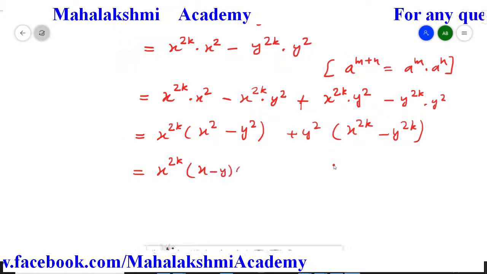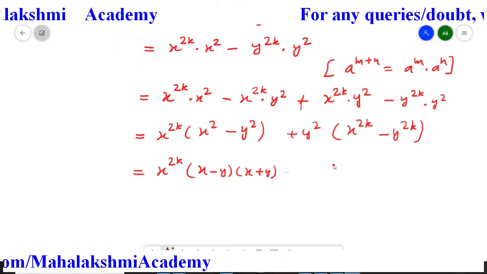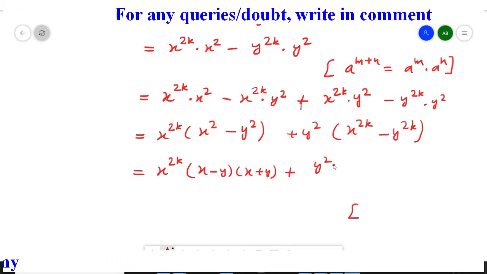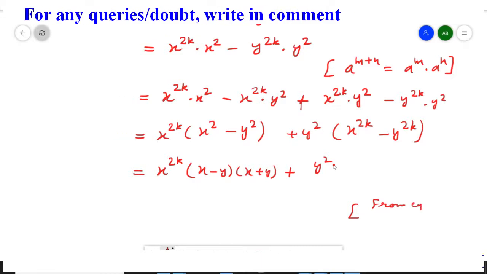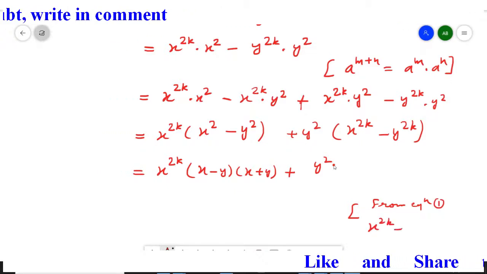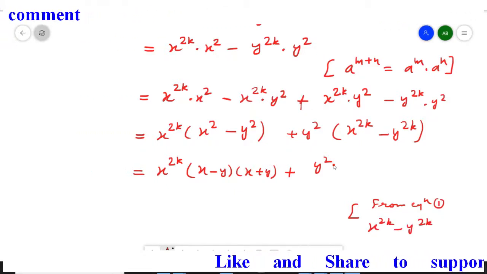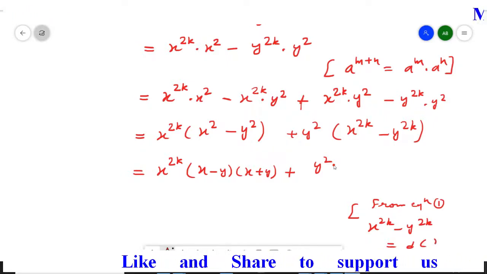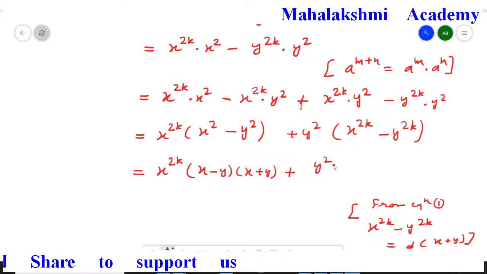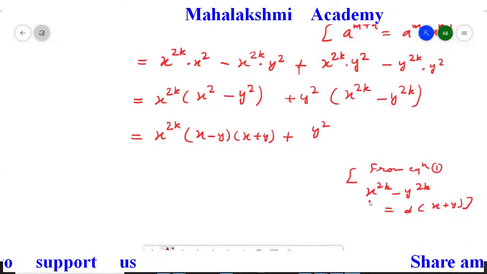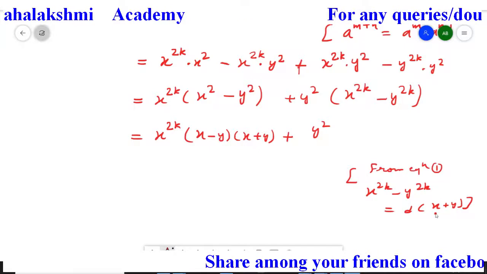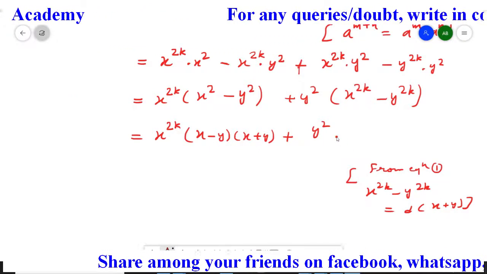So once you write down the minus sign, second time write down the plus sign, and here from equation 1 we will do the replacement, which we already have in previous steps. From equation 1 we have x to the power 2k minus y raised to the power 2k is equal to d multiplied by x plus y. That we are going to write down here. We are going to replace this. So students, this we have in equation 1. So from here, this bracket's value is d multiplied by x plus y. So that replacement I am just doing here.